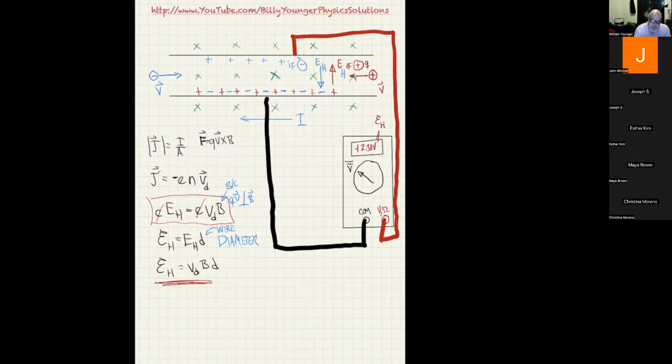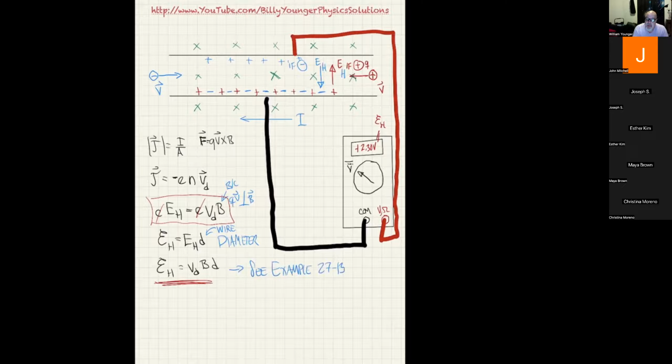So if you take the time, I want you to look at example 27-13. It's an easy example, but it basically applies this.